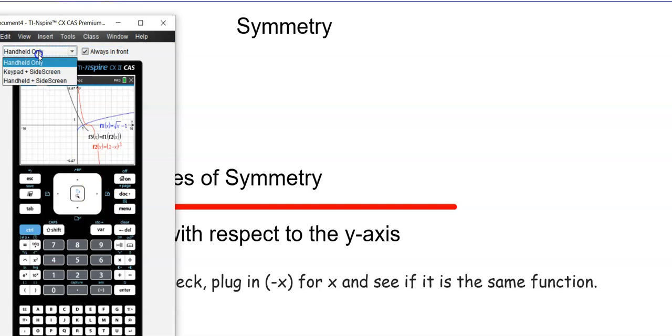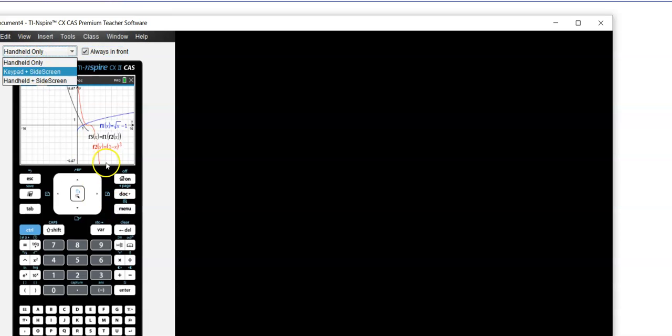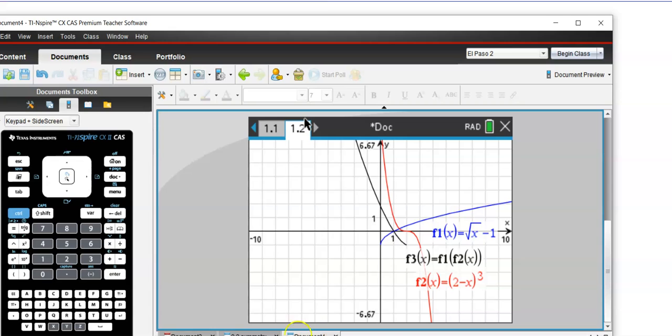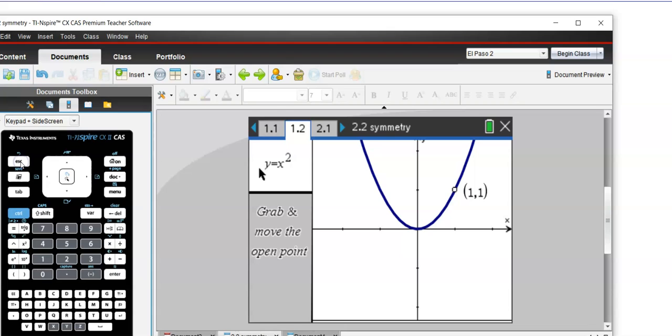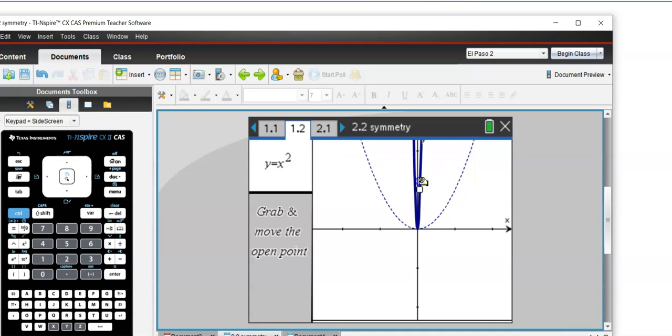There we go. Okay, so symmetry with respect to this function, which looks like a y equals x squared function. Do you see how this point, if I were able to reflect that point across the y-axis, it actually moves to (-1, 1)?